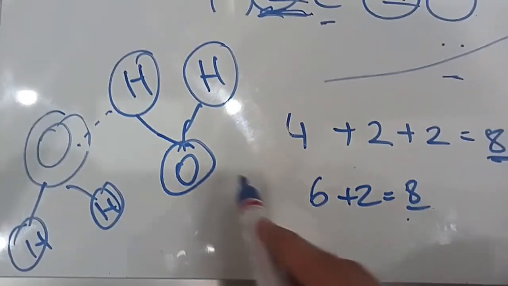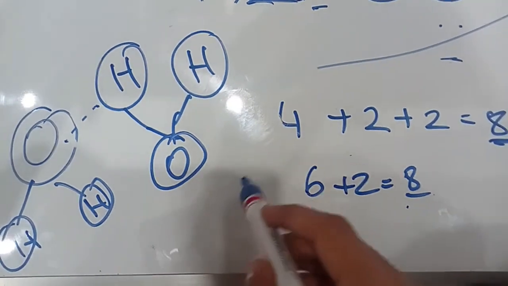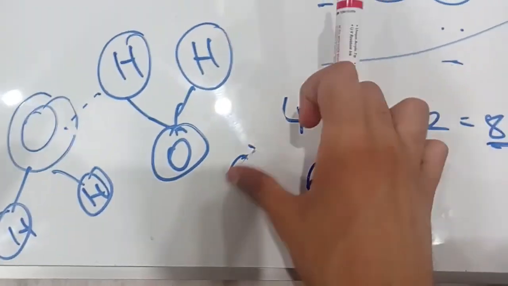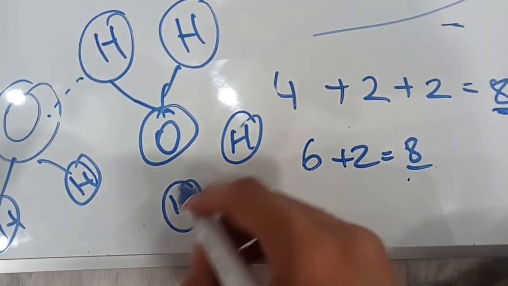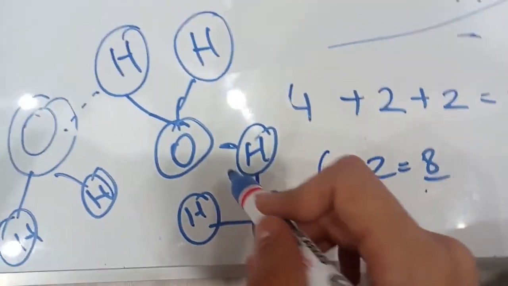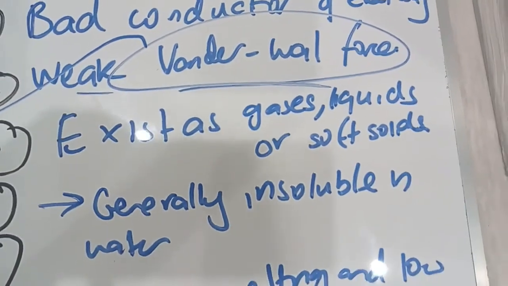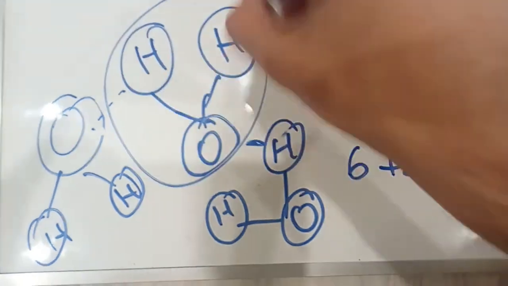And similarly, if I have another water molecule, something like this is also going to be very weakly attracted. And so van der Waals forces are this force of attraction that occur between molecules.